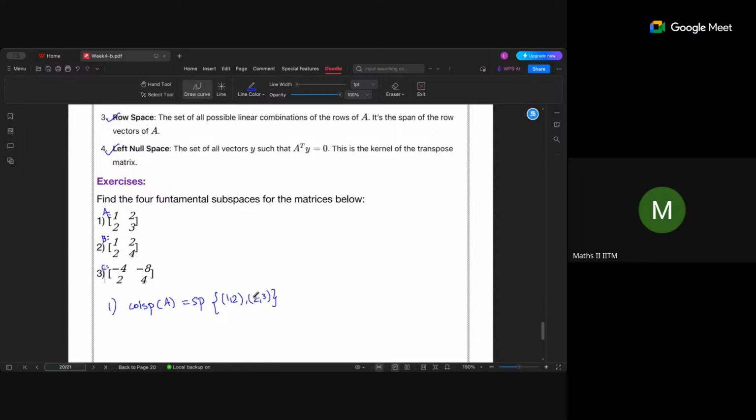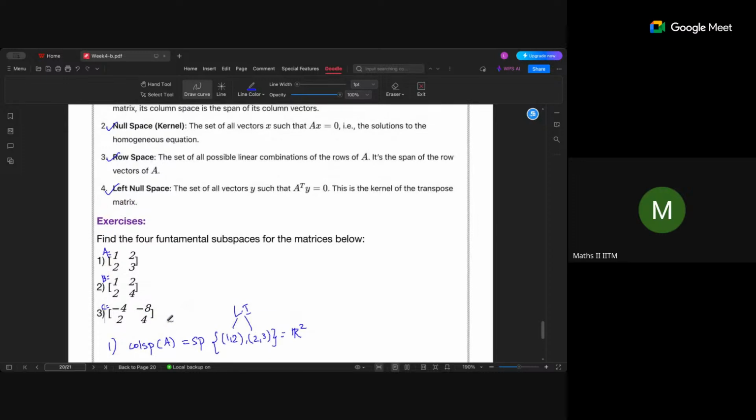Are they linearly independent? Yes, ma'am. If they are linearly independent, what is the span of two linearly independent vectors in R2? R2. Yes. So if we have two linearly independent vectors, their span is the entire R2.